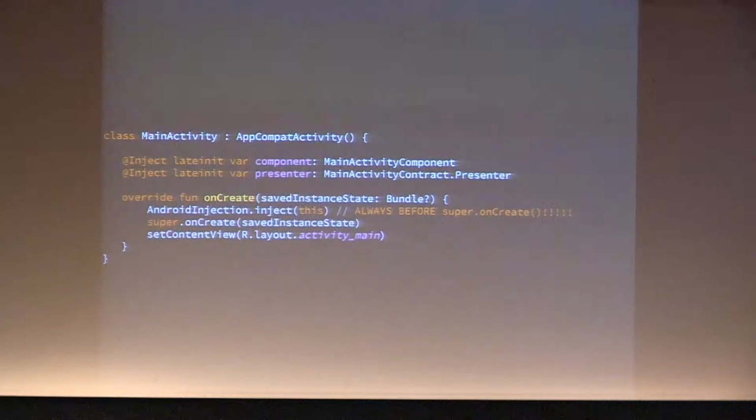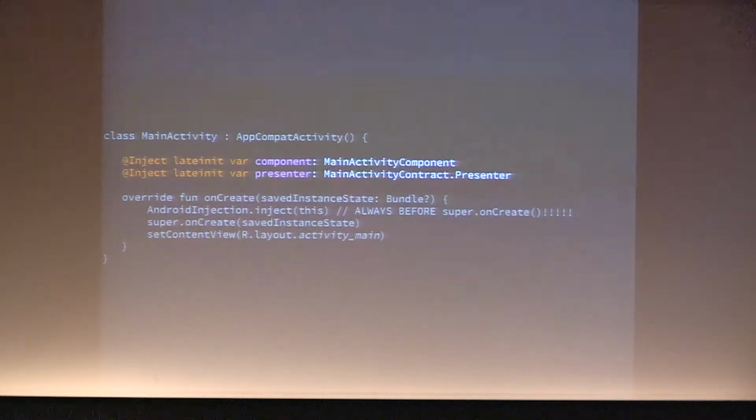Let's check the declaration of our activity. First, you can see our injected field. It's worth noting that you can inject the actual component, so it can be useful sometimes. And then we inject a presenter that is declared in our contract.